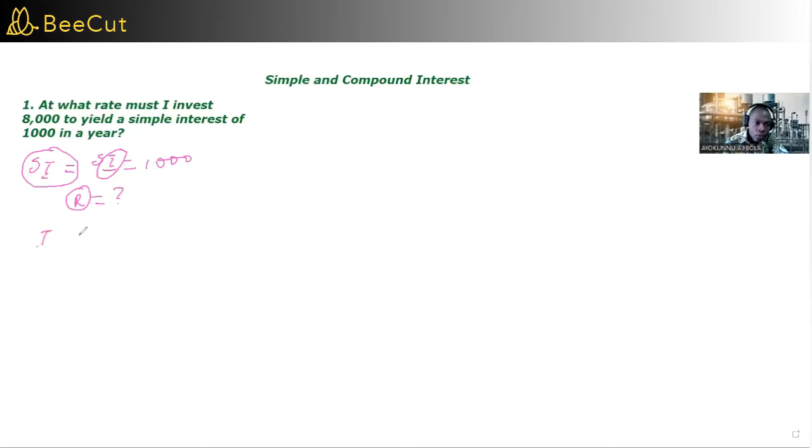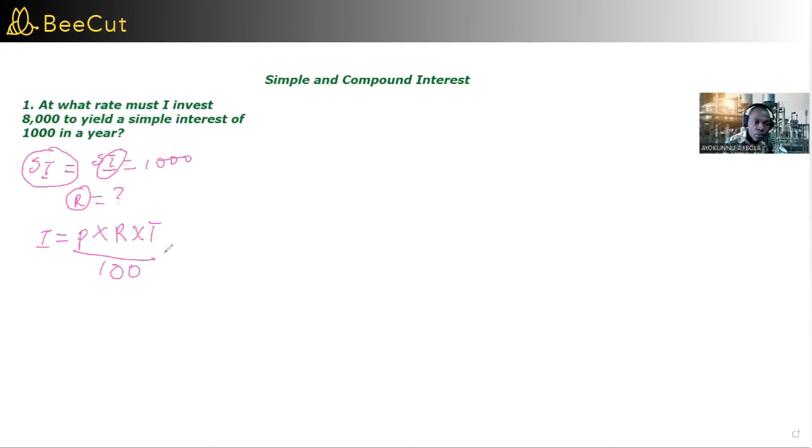That is simple interest I equal to principal times rate times time divided by 100. That is PRT over 100. I said principal times rate times time, right?